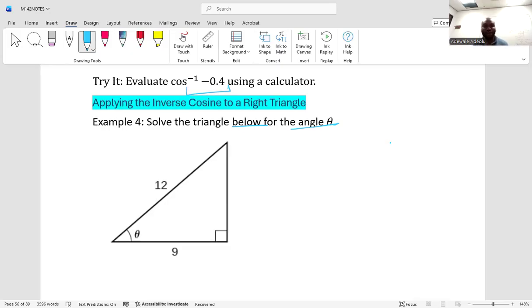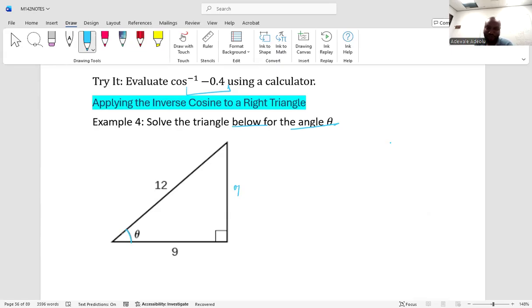So now we are free to do that because we have talked about inverses, which is the only way we can get back to angles. And the beautiful thing is everything we've learned in the past is still very useful. So we are looking for this angle now, angle theta.